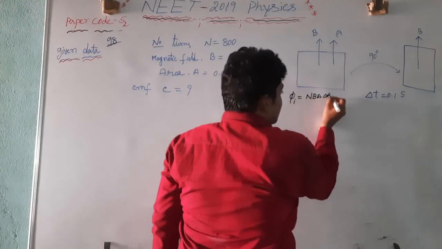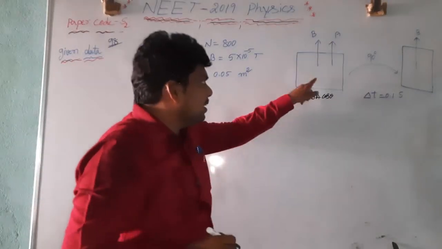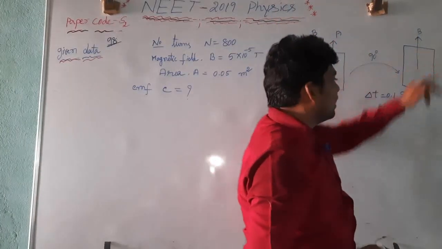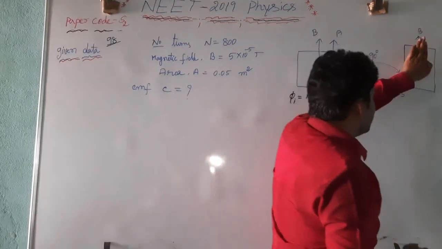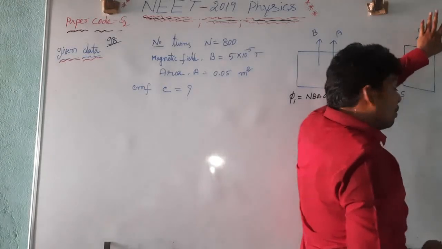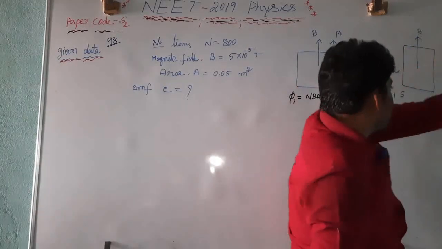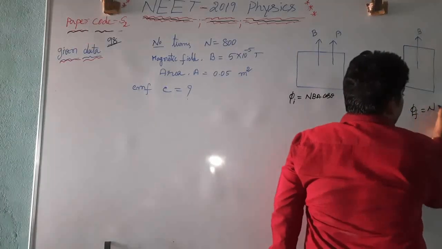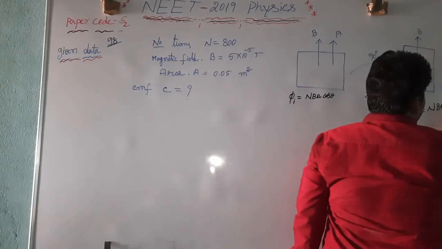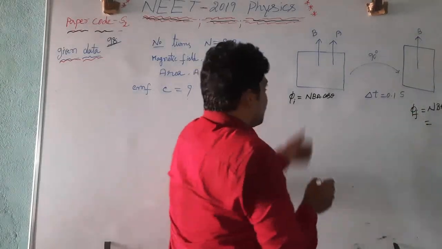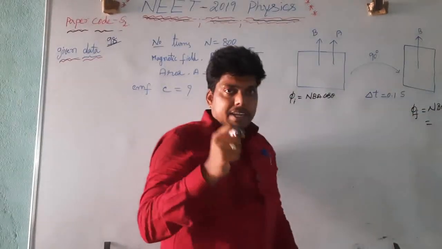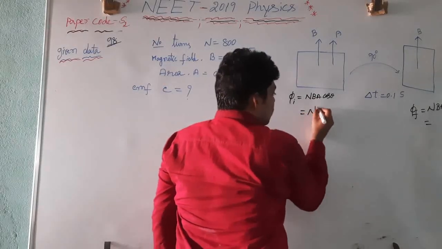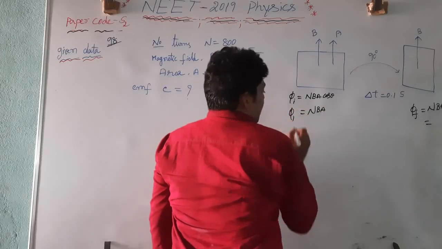NBA cos theta. Next, the coil is rotated by 90 degree. Now in this case, the magnetic field is the same only, but the area vector of the coil has changed. Initially, magnetic field and area vector are both in the same direction, so theta is equal to 0 degree, and the flux will be NBA.